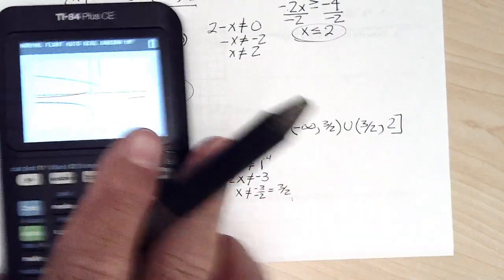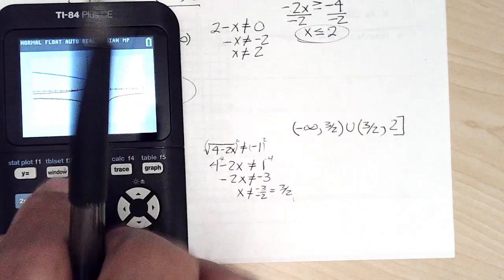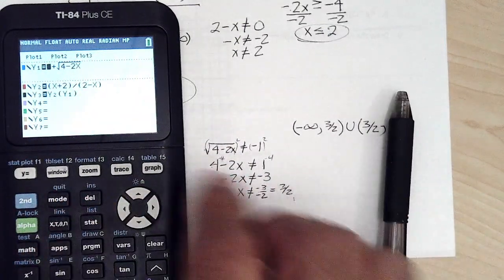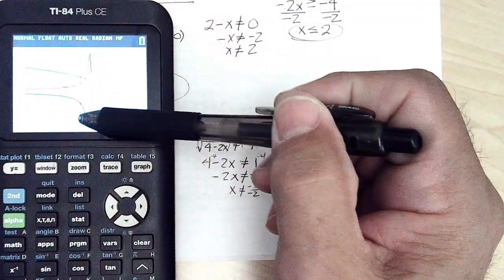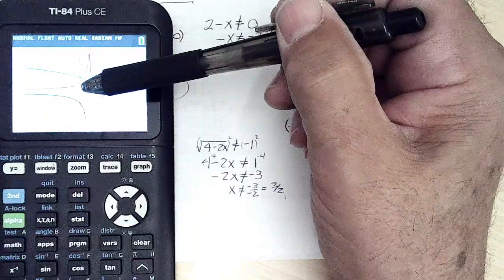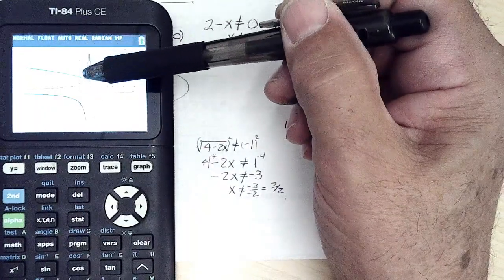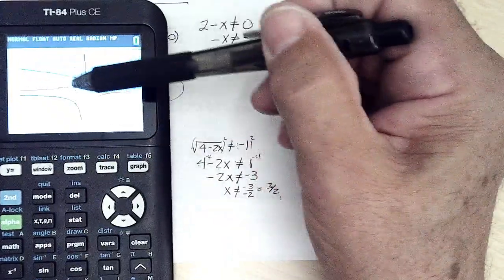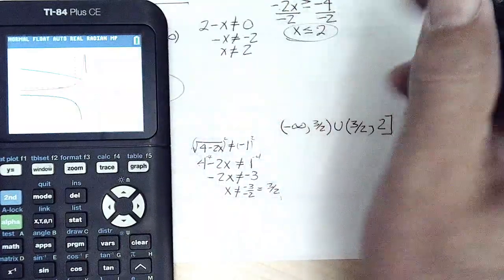Now, what does r of f of x equal? Remember, that was y2 of y1. It comes along and it skips over 1.5 and then comes back here and starts again, but then stops at 2 because f of x has to stop at 2. So we have all this up to 1.5 in there.